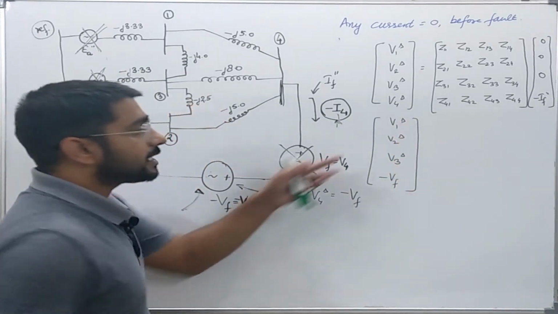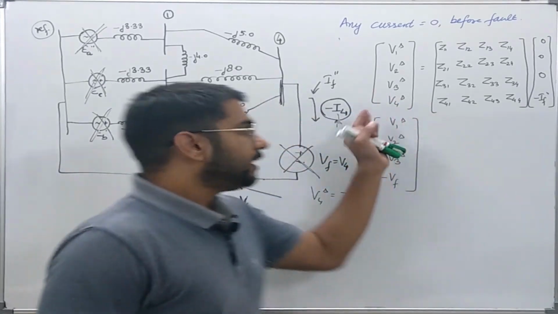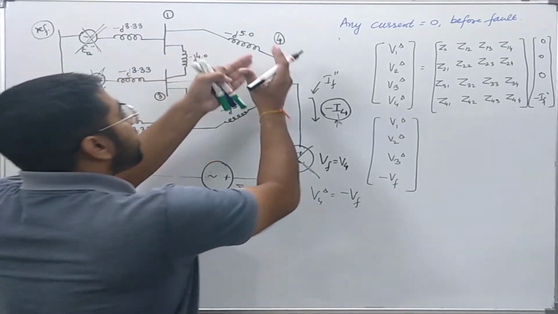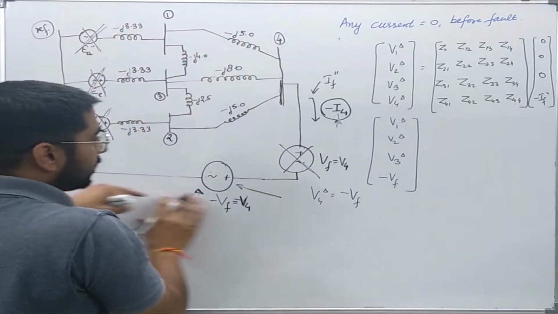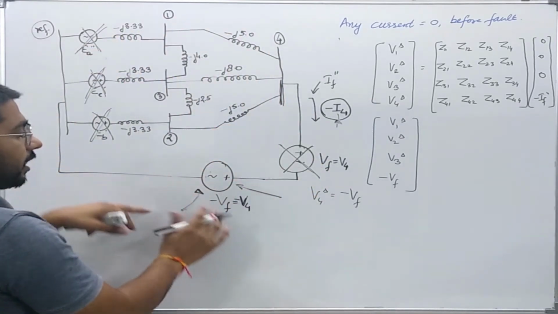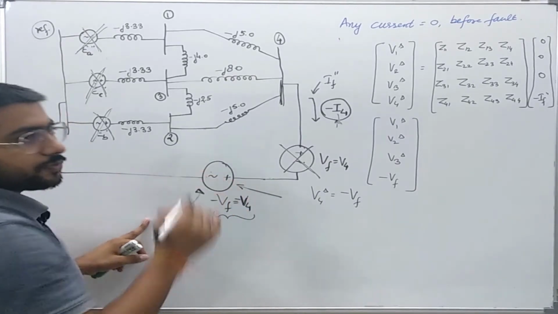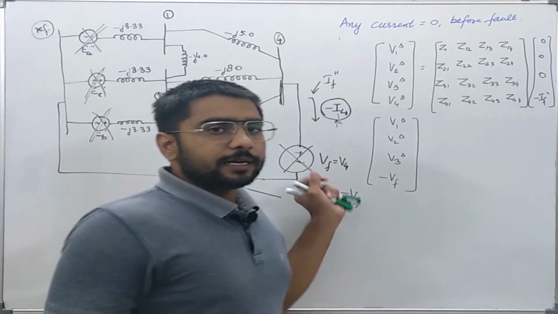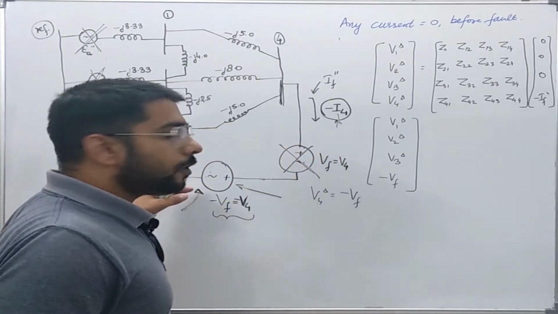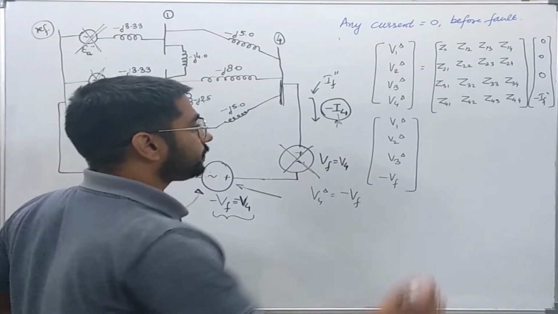This delta, as I already told, represents the contribution to the various bus voltages by the current flowing into the network due to the connection of this voltage source, which represents the fault on the system at bus 4.